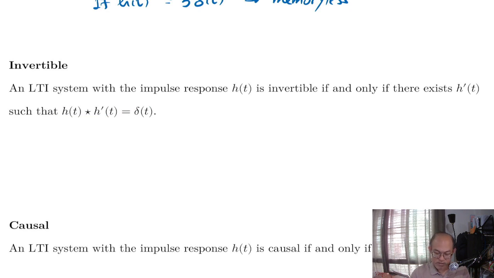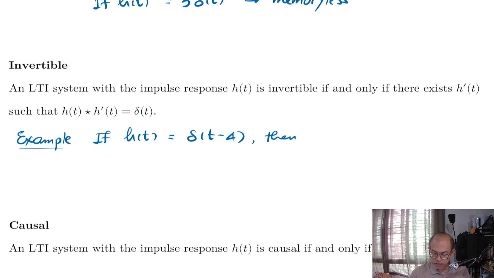For example, if h of t is equal to delta t minus 4, then since delta t minus 4 convolved with delta t plus 4 is equal to delta t, we know that from the shifting property and identity, right?